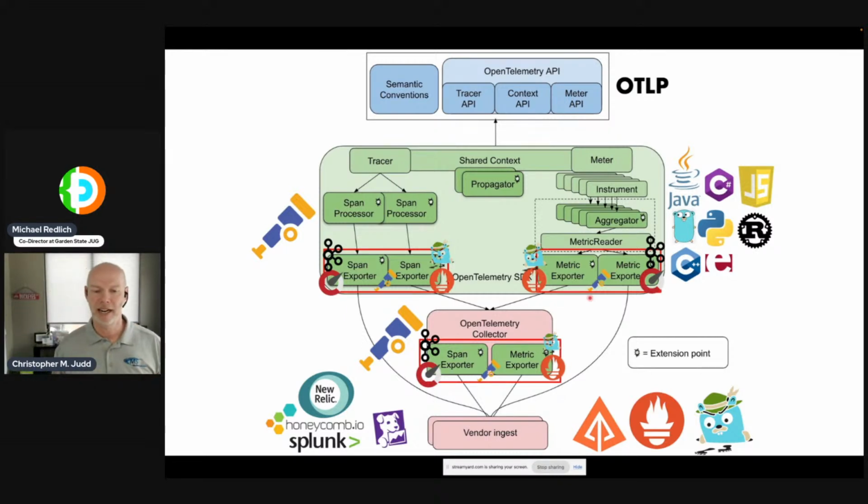Both at the SDK and at the collector level, we have these exporters. This is how we are going to get the data out and transfer it to something else. There's a lot of exporters that are built in, and there's a lot of exporters you can add from third parties. So we can see here that we have ones like Kafka, we have ones like OpenCensus, we have Jaeger, Zipkin.